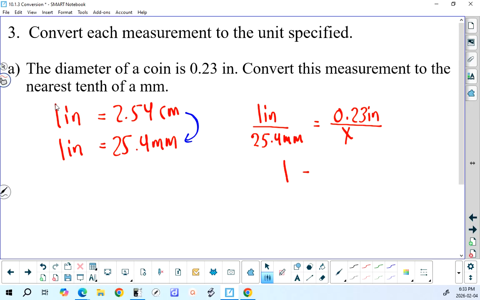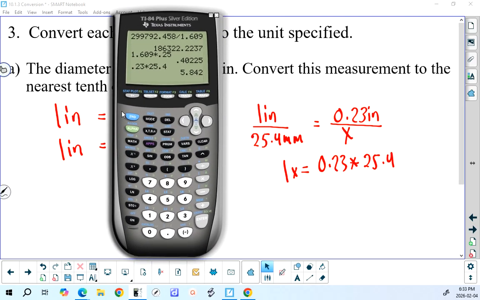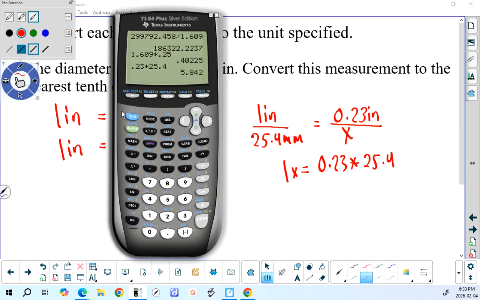X times 1 will equal 0.23 times 25.4. Jackpot, 5.842 millimeters. It says to the nearest tenth, rather. So I guess we'll record 5.8 millimeters.